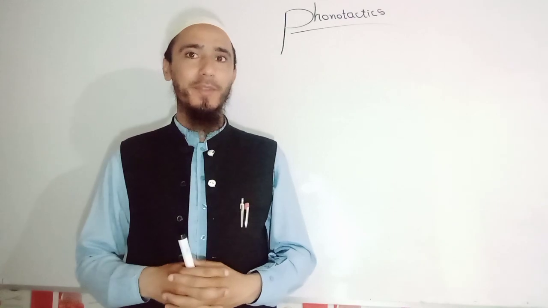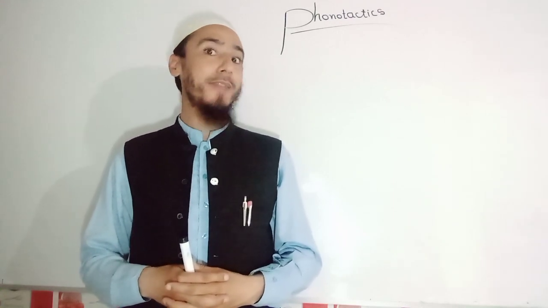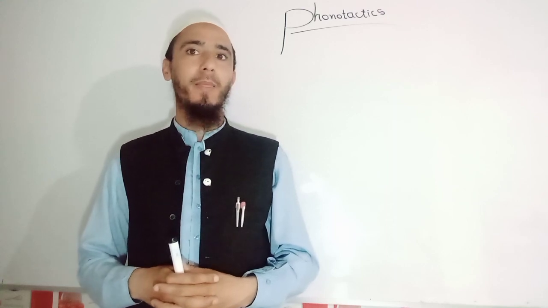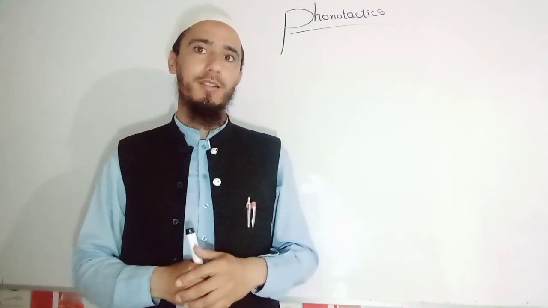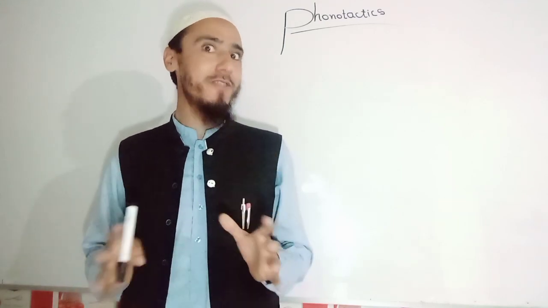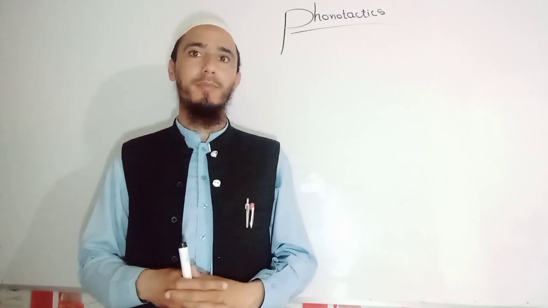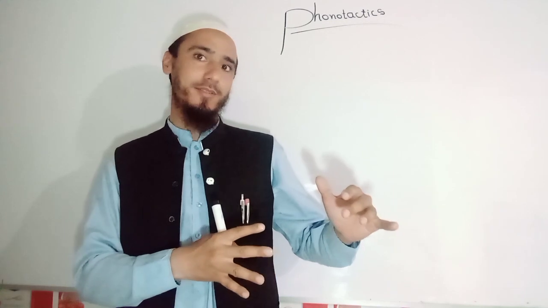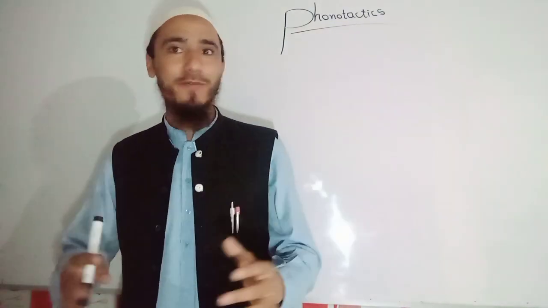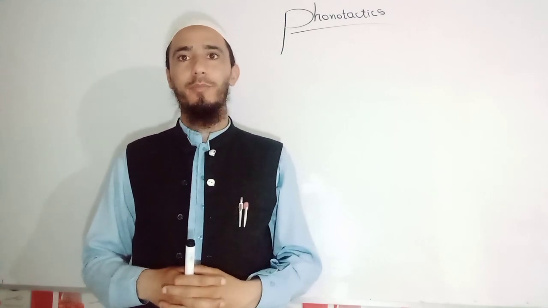And yesterday, our topic was minimal pair and minimal set. A minimal pair is a pair of words which are different from each other in one single phoneme. And a minimal set is a group of words which are different from each other in a single phoneme.